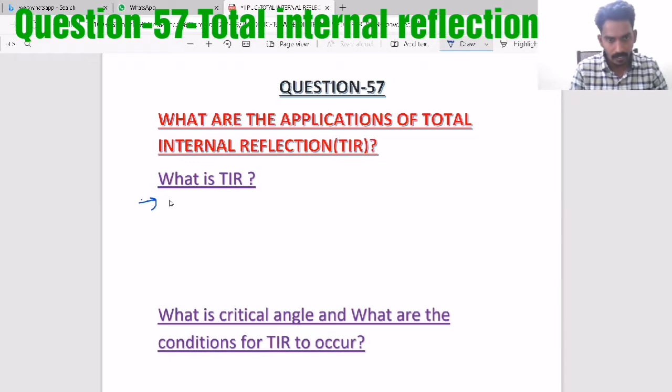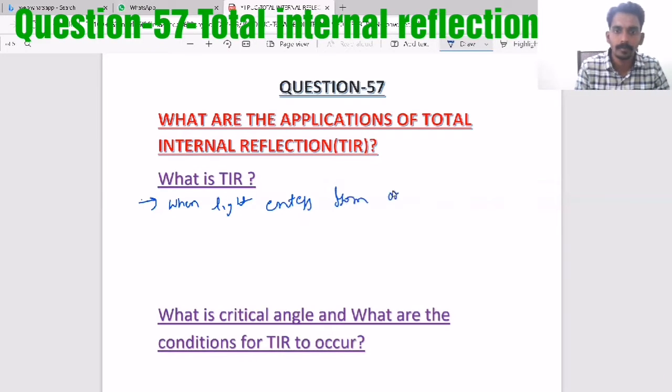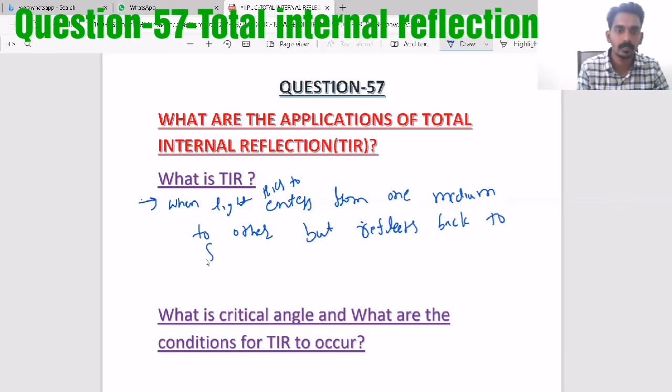So when light tries to enter from one medium to other, but reflects back to the same medium, it is called internal reflection.